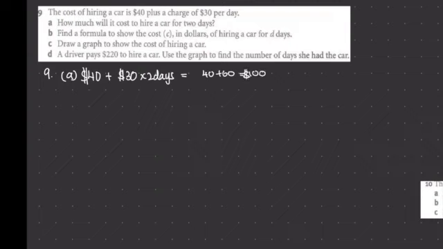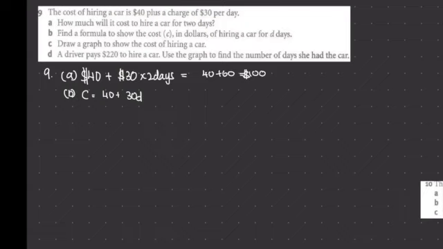If we just replace the number of days with an unknown called d, then you can get your answer already for the question: find a formula to show the cost. Cost is equals to 40 plus 30 multiplied by the number of days. So if it's multiplication, you can just put it right at the side. That's the formula.